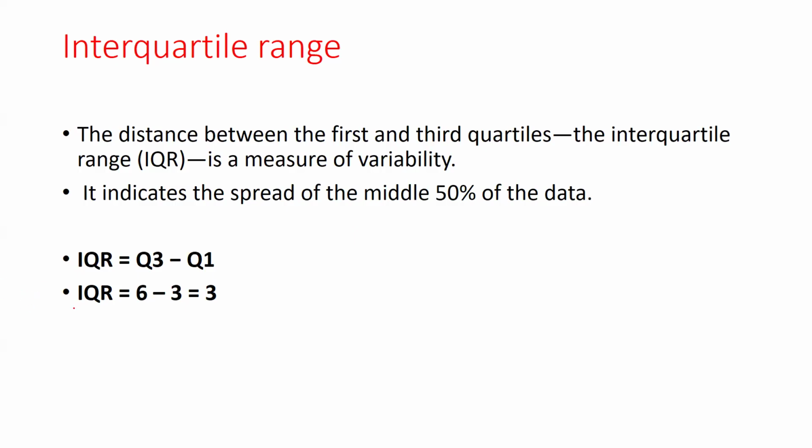It indicates the spread of the middle 50% of the data. So IQR is Q3 minus Q1. In my case, Q3 is 6, Q1 is 3, and finally the IQR, interquartile range, is 3.